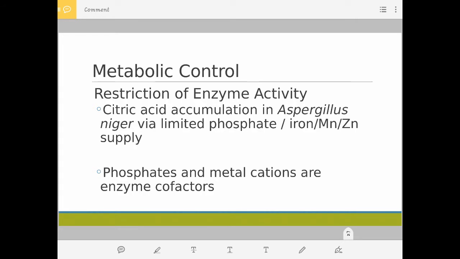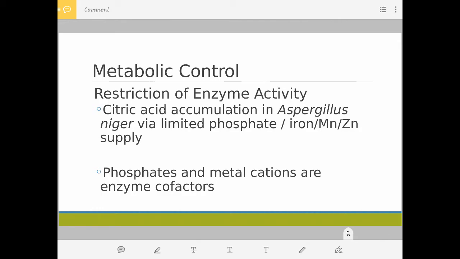And then sometimes you can restrict enzyme activity indirectly, rather than directly destroying the enzyme itself. You indirectly control it by limiting some organic molecules, especially the cofactors and coenzymes, even the inorganic cofactors that the enzyme needs to function. For example, you want your Aspergillus niger to produce a large amount of citric acid.